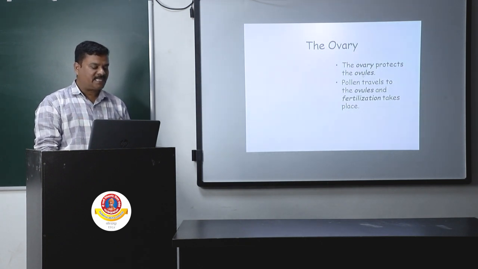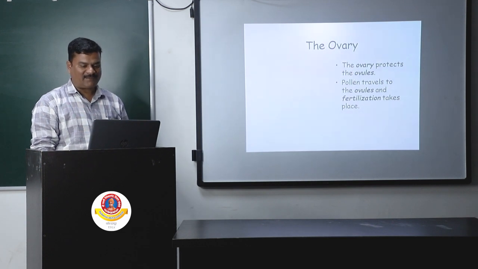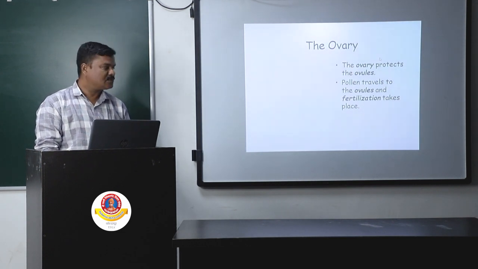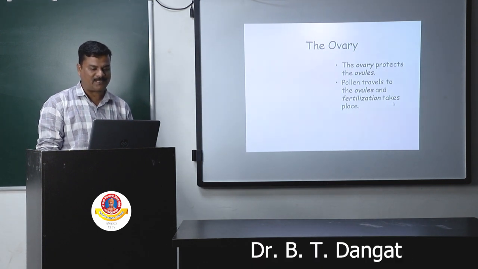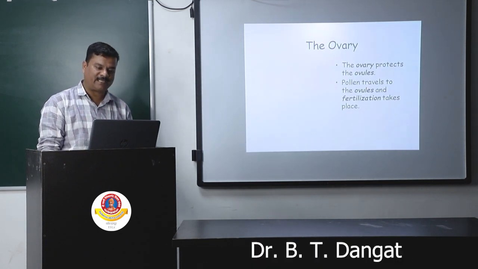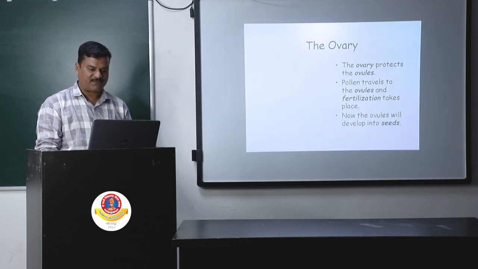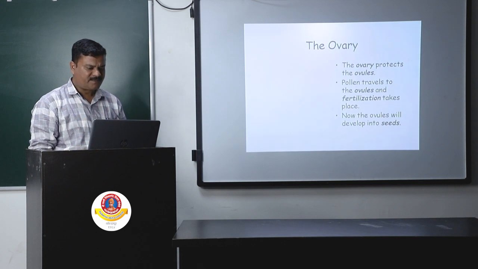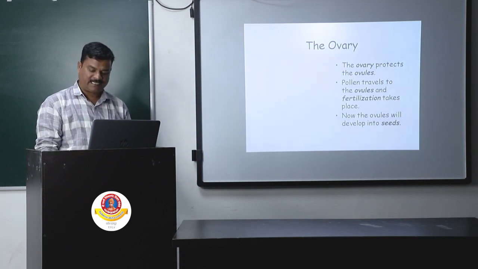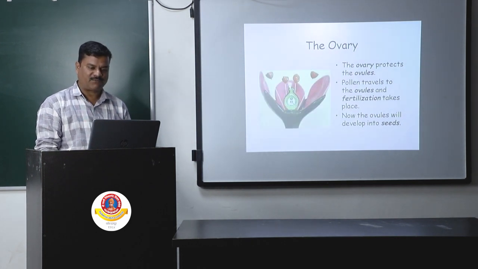These pollen grains, which are dispersed with the help of wind, travel to the stigma, through the style, and reach the ovule where fertilization takes place. The typical characteristic of a dicot plant is triple fertilization, which takes place in the ovary. Once fertilization is done, the seed is formed.